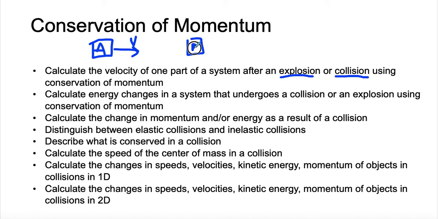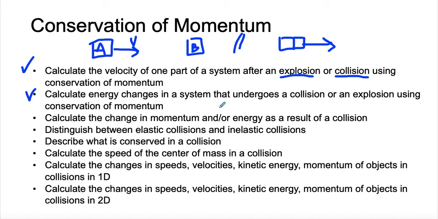But then what happens if A and B afterwards are moving together? If they move together, what is going to be the speed of the combined object afterwards? Well, you should be able to calculate that. Or if they bounce off of each other, what is going to be the speed of one part? In the same way, collisions deal with energy as well.